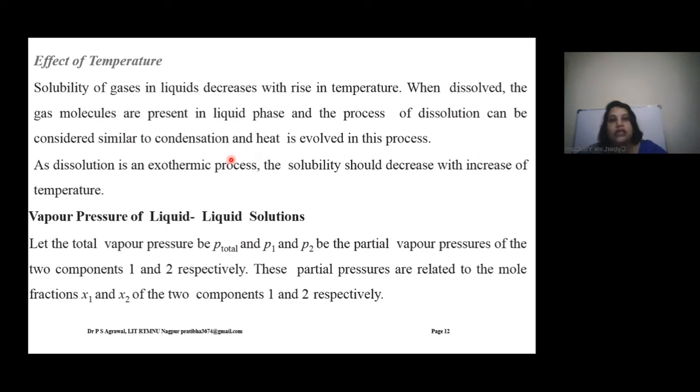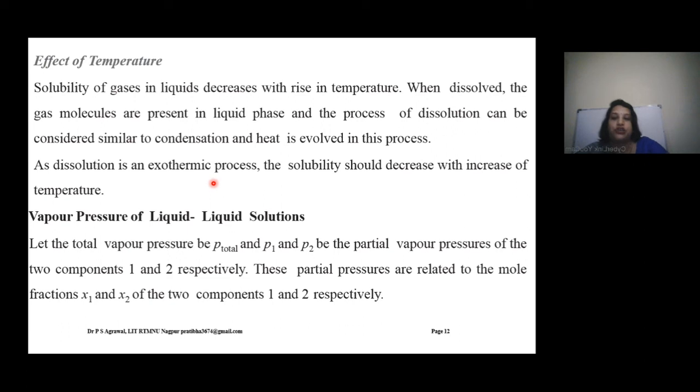As dissolution is an exothermic process, solubility should decrease with increase in temperature. The process of making the solution of gas in liquid is itself an exothermic process. Heat is evolved, but if we still increase the temperature, definitely solubility will decrease.